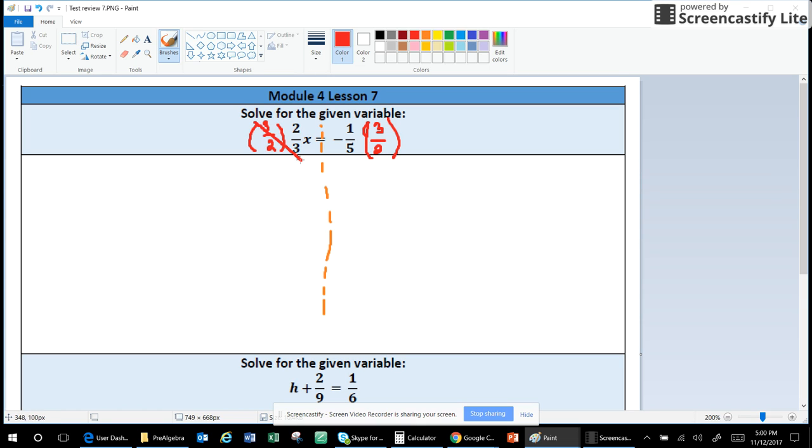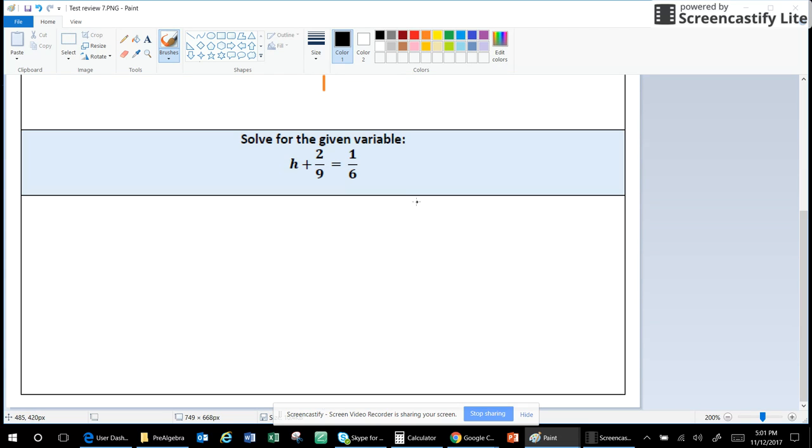These guys will cancel and leave me with just the x. And I would wind up with negative times a positive, so I have a negative. Now just multiply across. 1 times 3 is 3. 5 times 2 is 10. X equals negative 3 over 10.